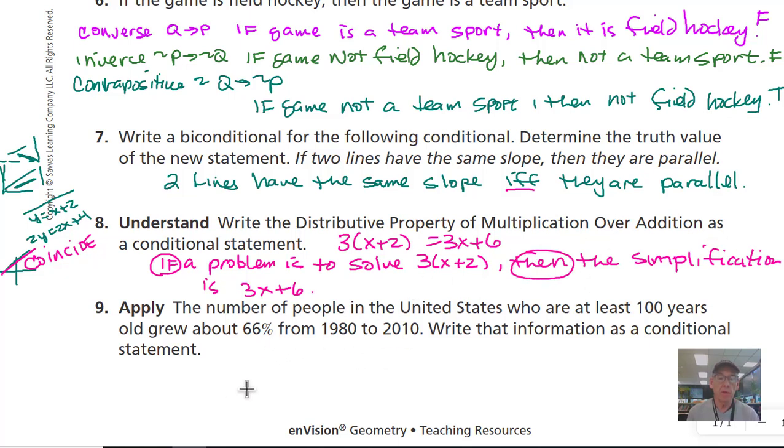And for number 9, same thing. The number of people in the United States who are at least 100 years old grew about 66% from 1980 to 2010. Write that as a conditional statement.